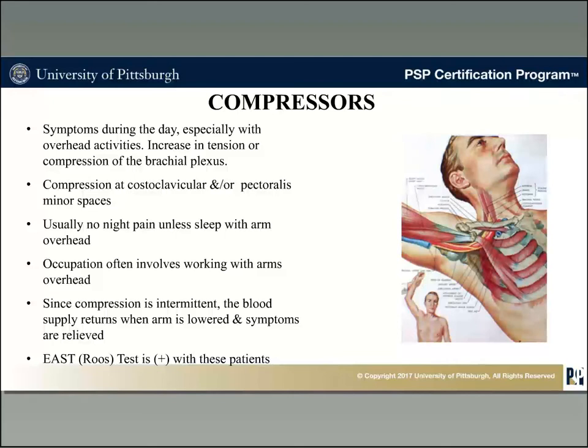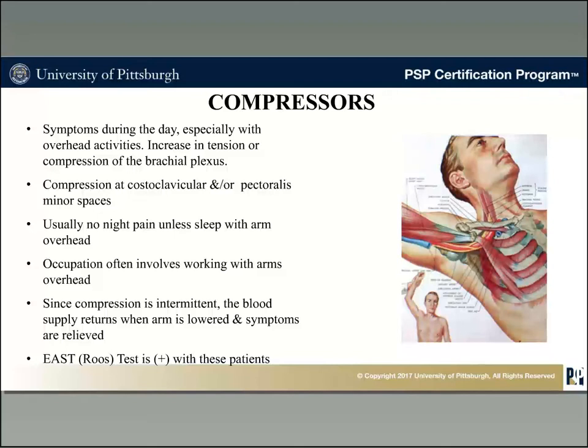So when we think about the compressors or the compressing phenomena, these are typically individuals that will experience symptoms during the day, especially with overhead activities. They will end up increasing tension or compression on the brachial plexus during these activities. These patients will oftentimes not experience any symptoms at night unless they happen to sleep with their arm in an overhead position.